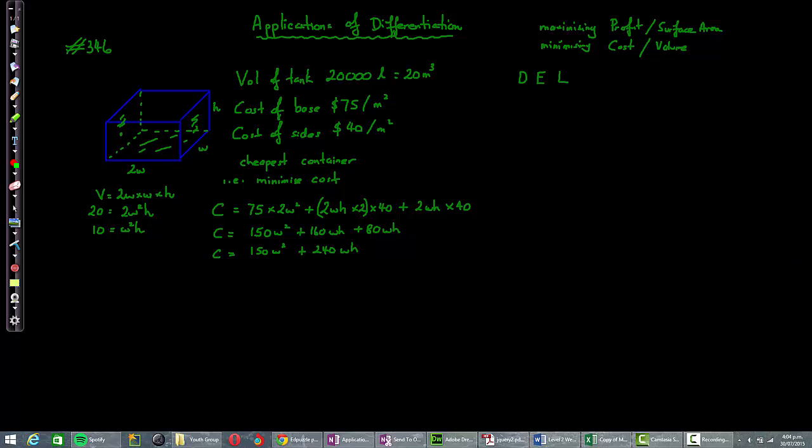So I'm going to link the W and the H together, which I've already done here. And now I'm going to try and replace H in terms of W. Why H? Because it's a lot easier to make H the subject of this. So if I do, I get H is equal to 10 over W squared, and let's put that into this equation to make it in terms of one variable, which we can then differentiate.